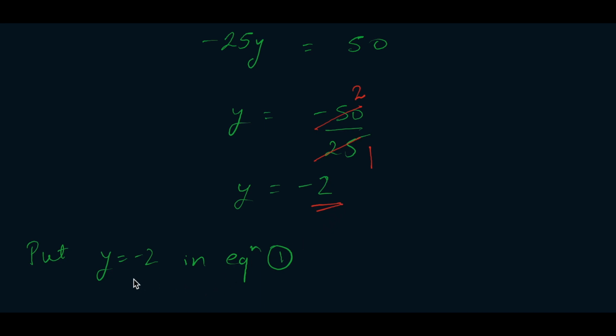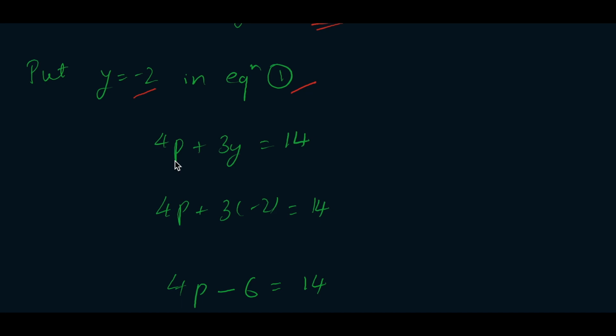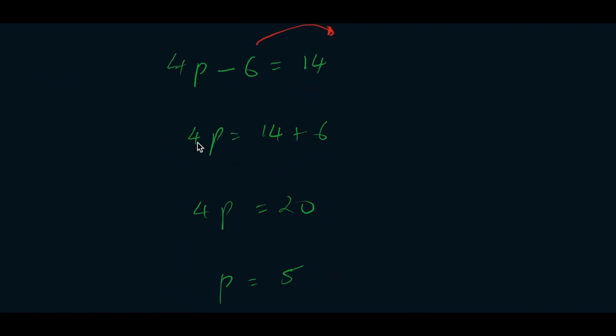Now we will put y equals minus 2 in equation 1. So our equation 1 was 4p plus 3y equals 14. So it is 4p plus 3 times, in the place of y we write minus 2, equals 14. So it is 4p minus 6 equals 14. Now we take 6 on the right hand side. So it becomes 4p equals 14 plus 6.